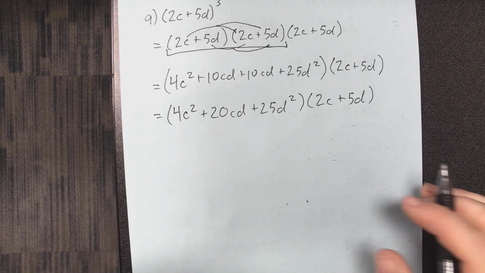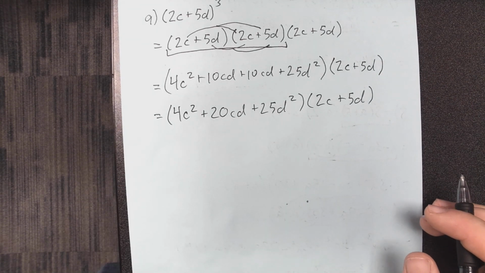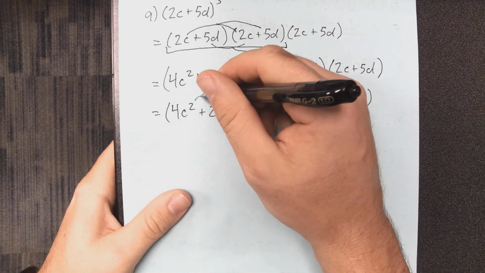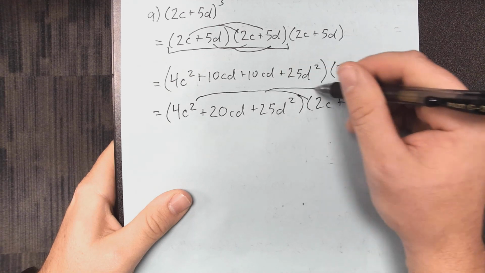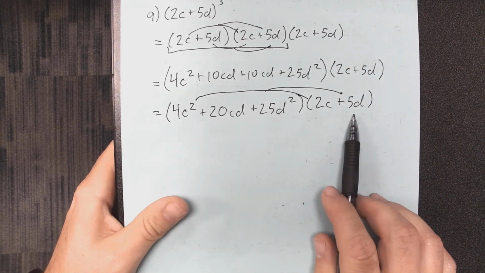And then start distributing. So I'll give you a moment to write that down. And now we're going to distribute the 4c squared to both terms in the other factor.